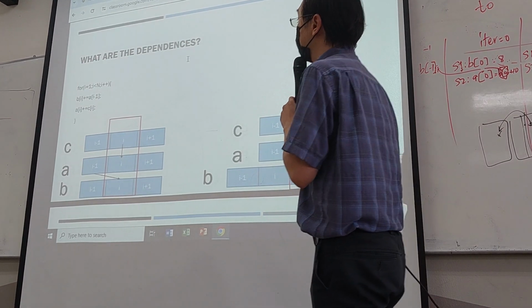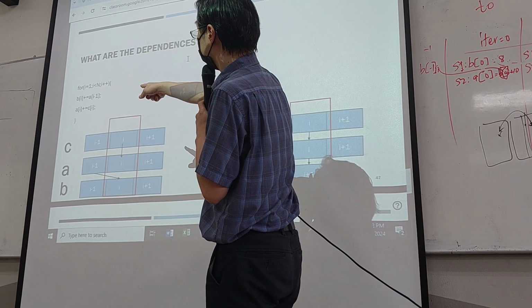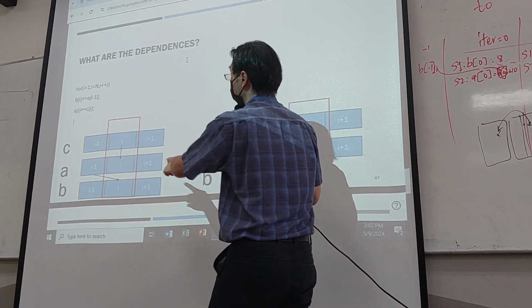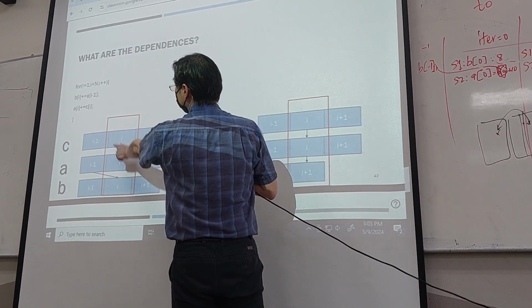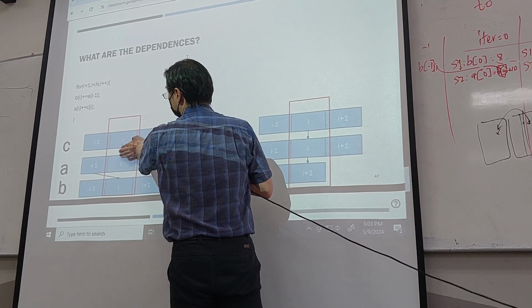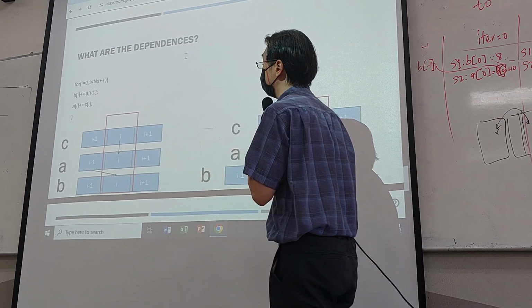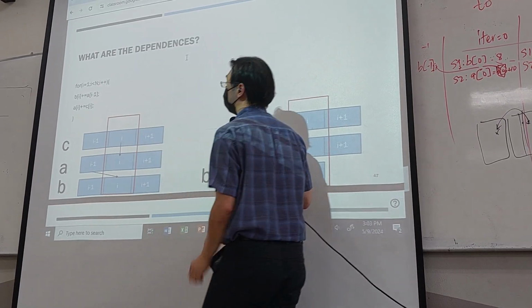Okay, so that will be our I. Now, if you look at the C, which is the second statement, you're using this I. How about A? You're also using the I, so no problem. So you're copying this value here into this A, so no problem. So the second statement actually happens within the iteration, so no problem.